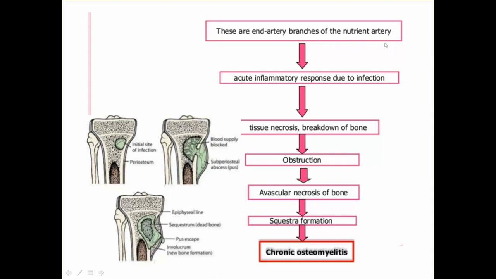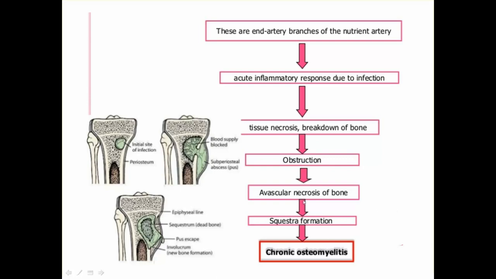Whenever the bacteria come through the nutrient artery, they will initiate an acute inflammatory response that will result in tissue necrosis and breakdown, leading to obstruction of the vessel and consequently avascular necrosis of the affected bone, leading to dead bone, which is known as the sequestrum, and this will end in the stage of chronic osteomyelitis.